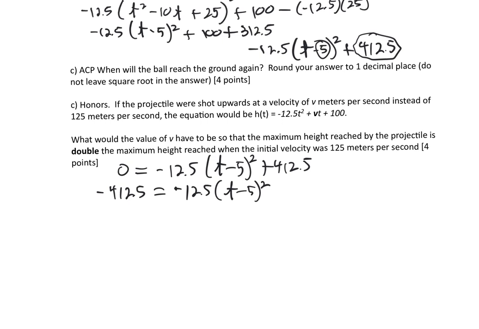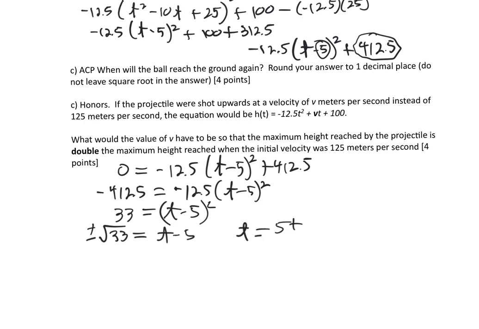When we do that, this gives us 33 over here, and over here now we just have t minus 5 squared. That means that root 33, plus or minus, is equal to t minus 5. So t is equal to 5 plus or minus root 33.